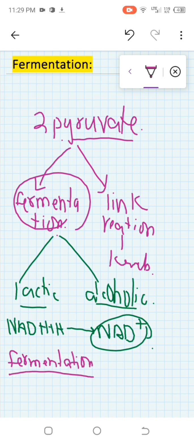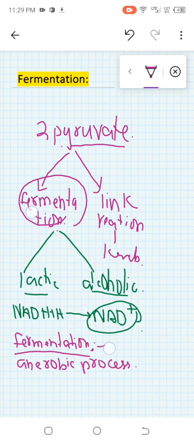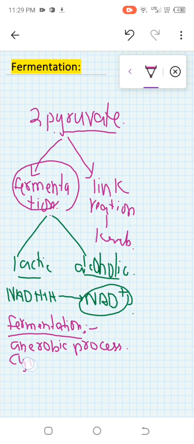Fermentation basically means pyruvic acid is converted when oxygen is absent. This is an anaerobic process, and the place where it occurs is the cytoplasm.